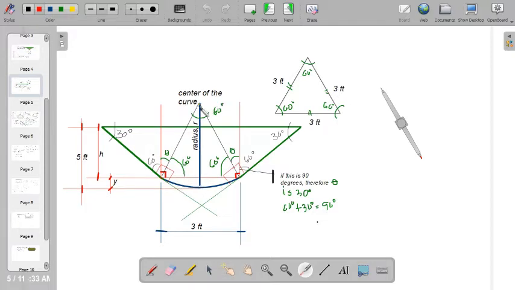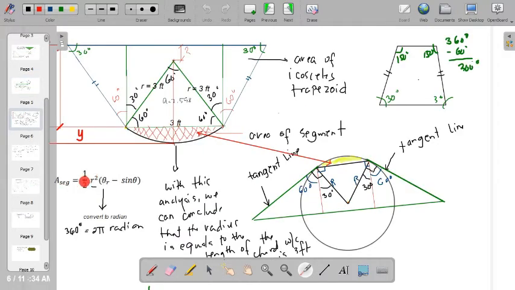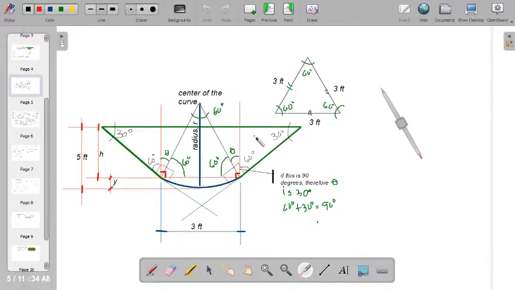Now, this is the center of your curve. The line coming from this point to the curve is the radius. Now we want to know the measure of the radius, because in order for us to solve the segment, we need the information of the radius.